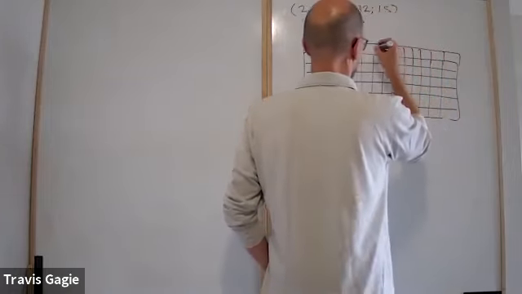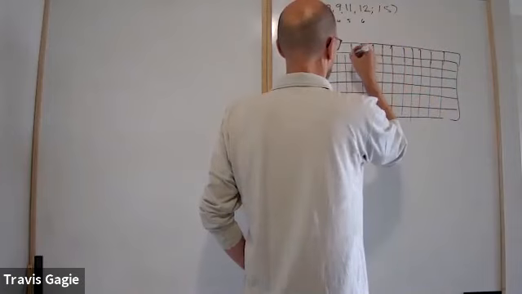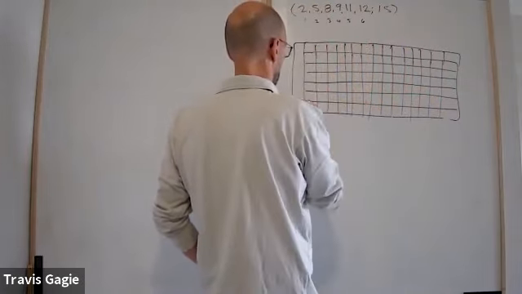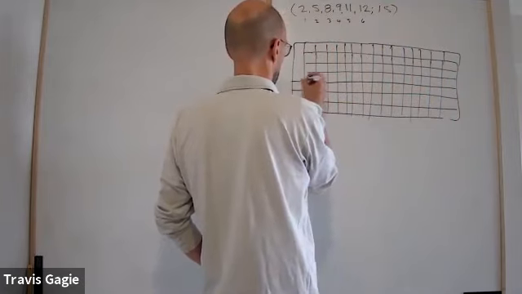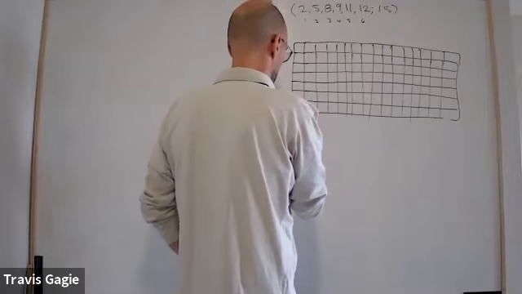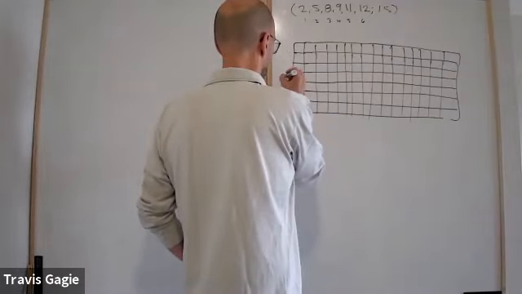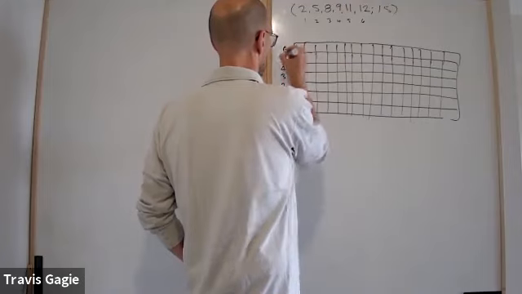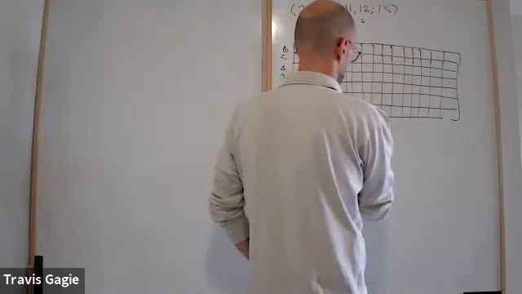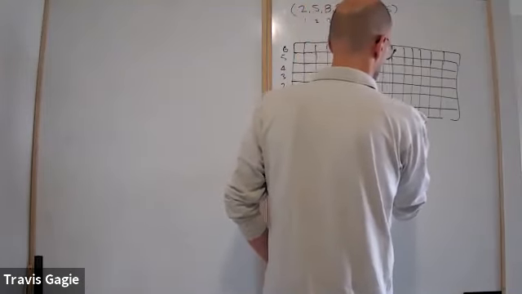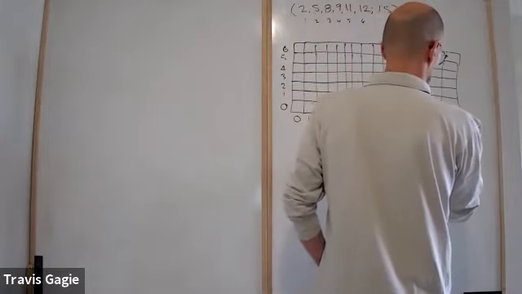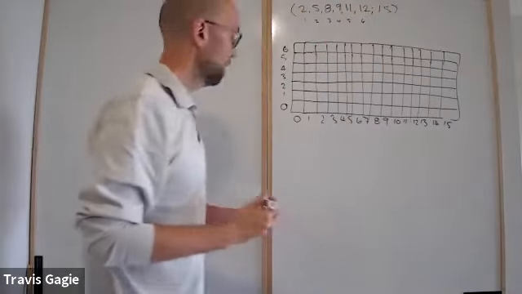Just to make this really easy to fill in, let's put another one in each end. Okay, so now this is 0, 0, 1, 2, 3, 4, 5, 6, and 1, 2, 3, 4, 5, 6, 7, 8, 9, 10, 11, 12, 13, 14, 15.